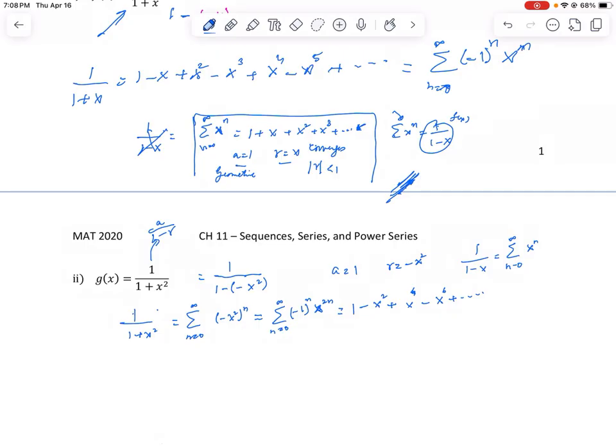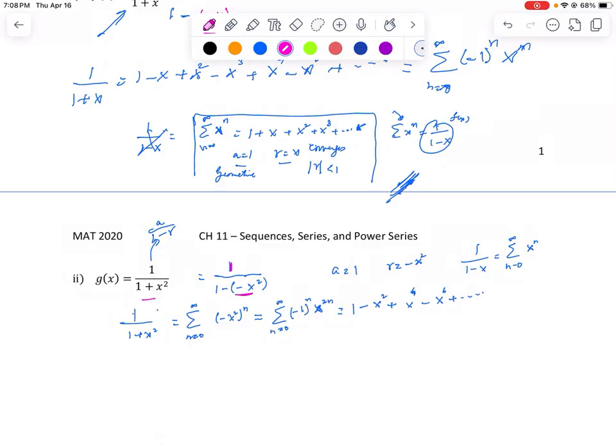So I rewrote this here. 1 over 1 plus x squared, I wrote as 1 over 1 minus negative x squared. So this is our r now, negative x squared, and a is 1 because we have 1 over here. Now we can do this expansion in two ways.